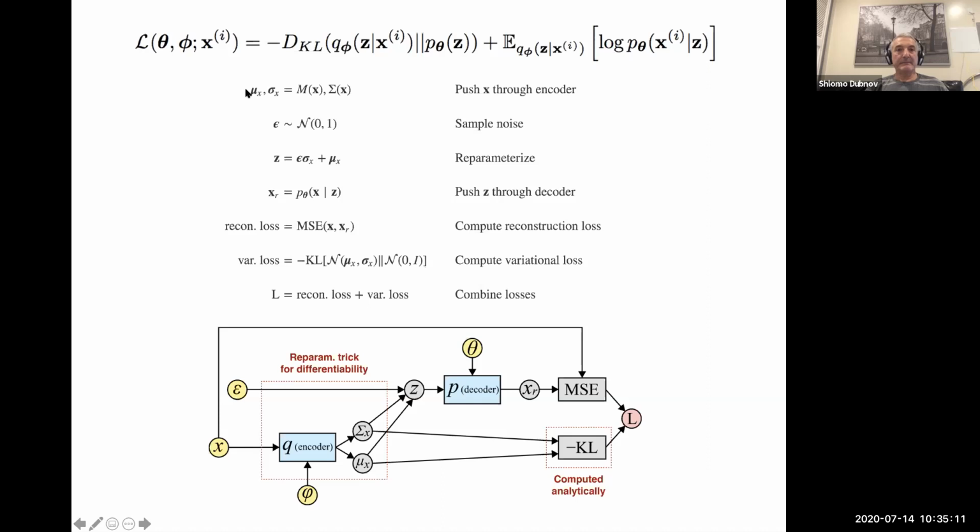We need to explain why this is a mean square error, but basically we have the X, which is our data. It's encoded by estimating two things, the means and the variances, the mu and the sigma. So you have two neural networks here that take the data and induce a probability distribution.